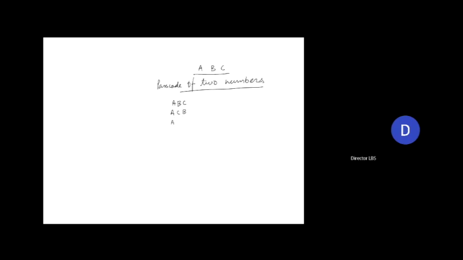Then it could be BCA, BAC, then CAB, then CBA. Now look at this. It could be AAA, it could be triple B, triple C, it could be ABB.